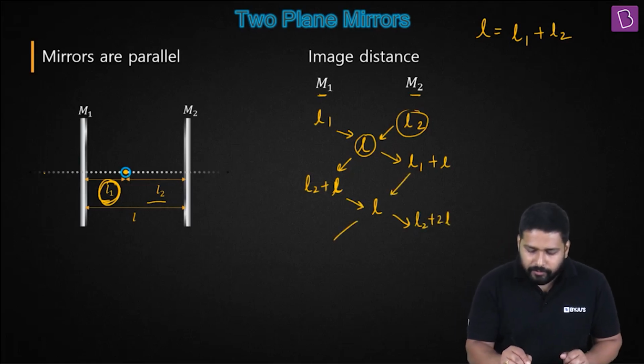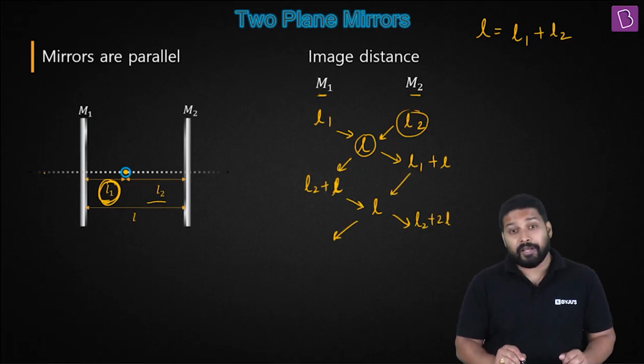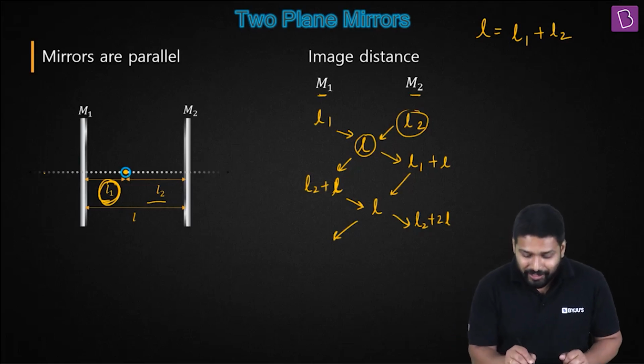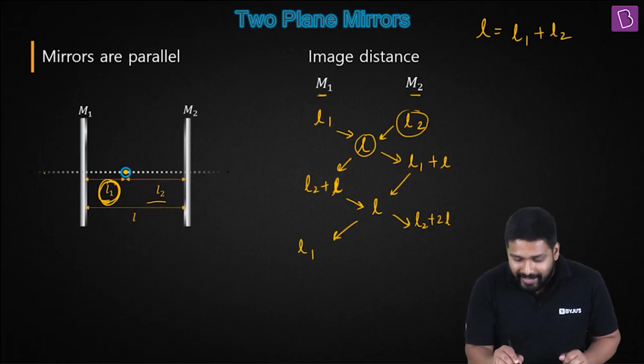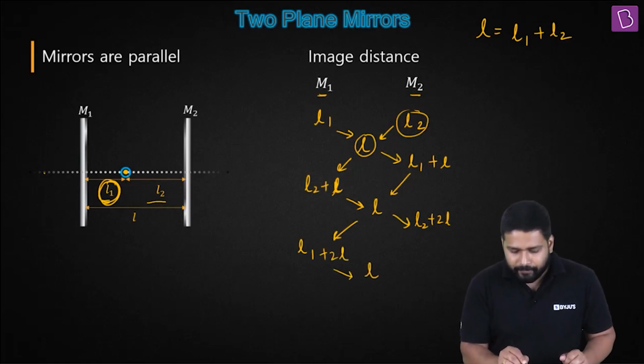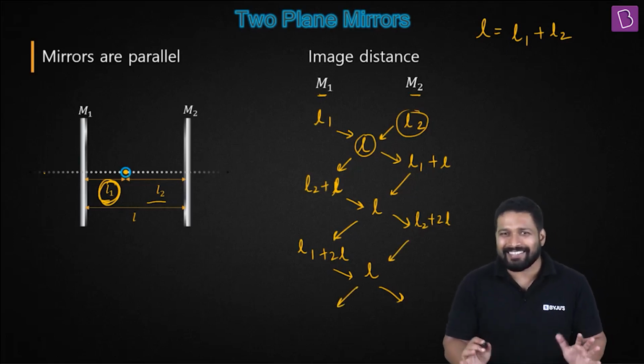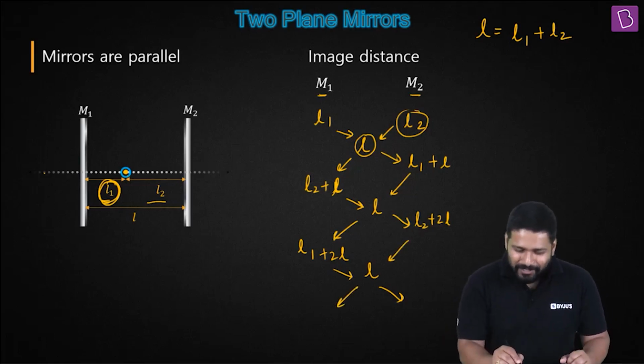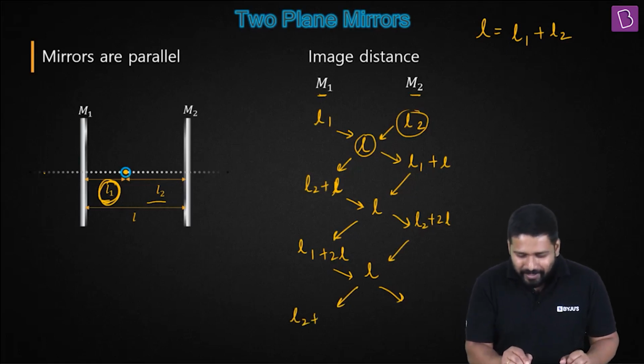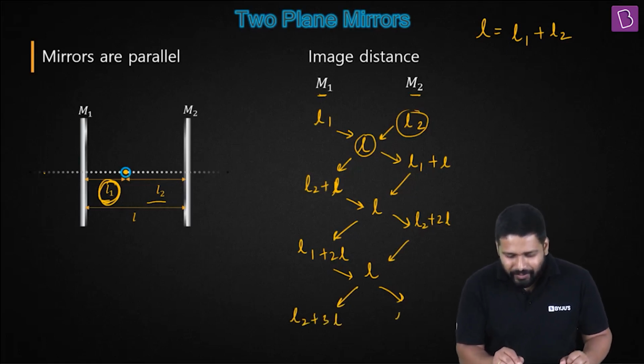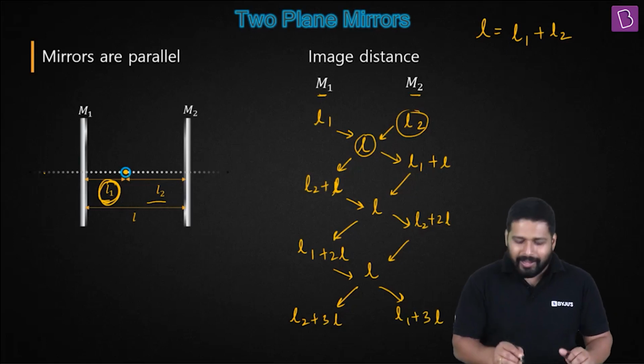The next image in M1 is going to be at a distance of L1 plus L plus L, that is L1 plus 2L. Again you write down L. Go on doing it. Did you understand this? You just have to do this, simple. So L2 plus 2L plus L will be L2 plus 3L. And how far is this one? L1 plus 3L. Again you write down L.